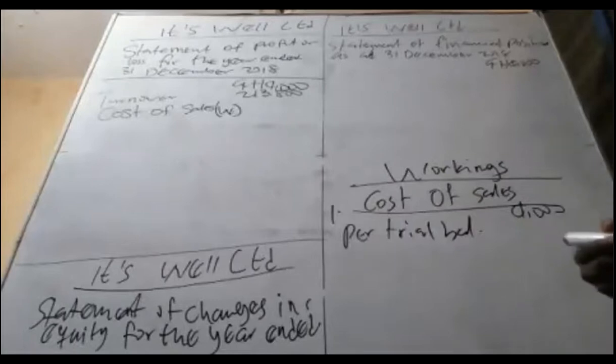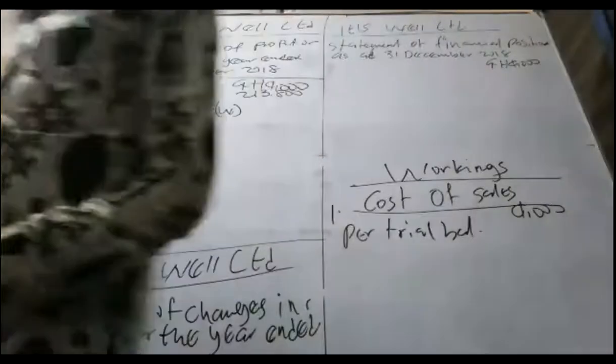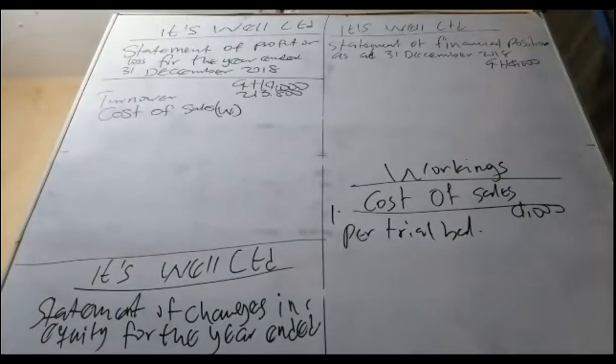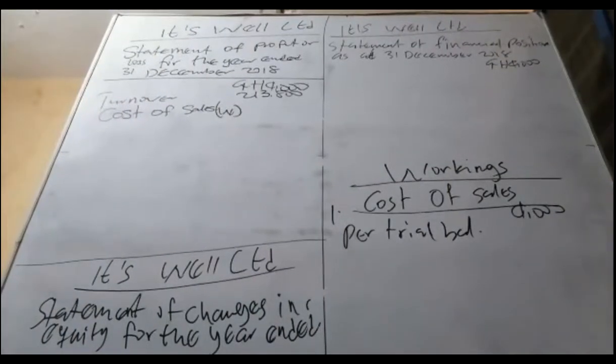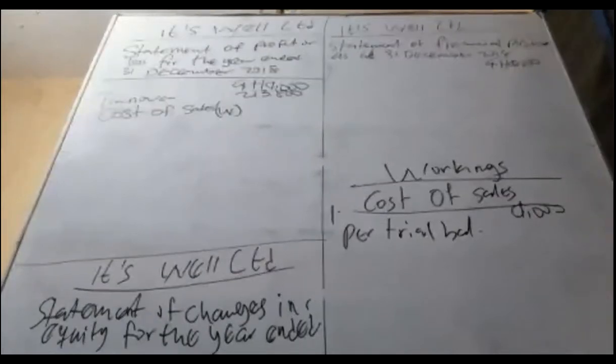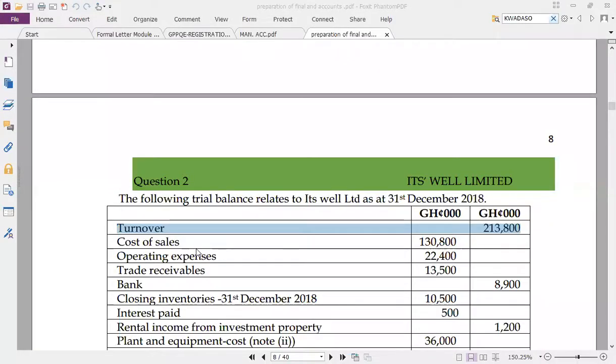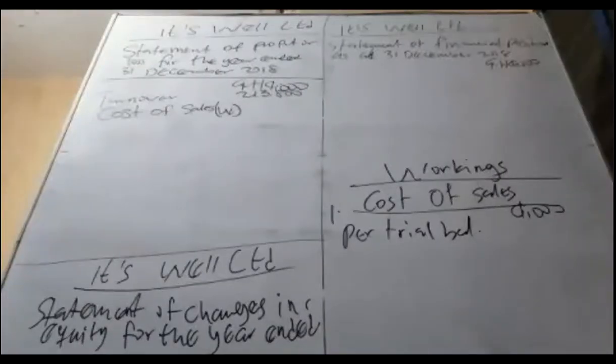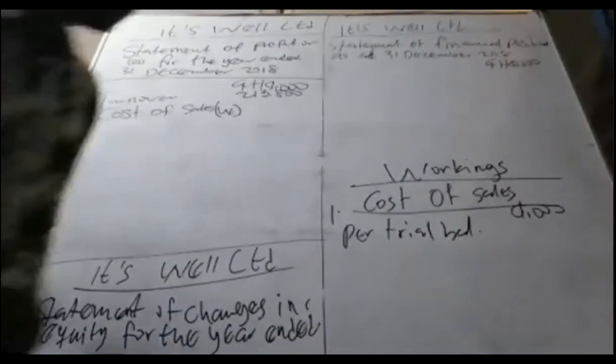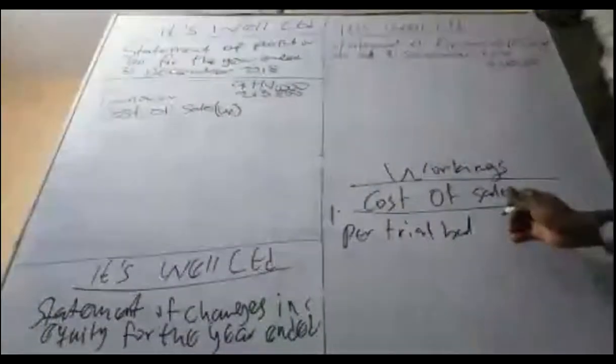So let's go and pick the cost of sales figure per the trial balance. Good. Now the cost of sales figure is what? 130,800. So let's go and put it in. 130,800. I'll record it nicely.